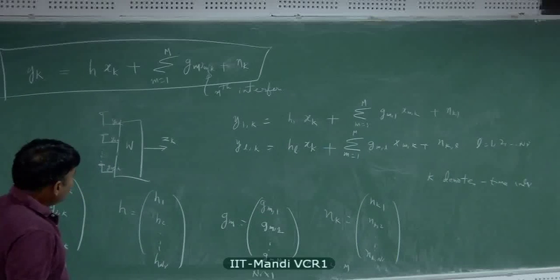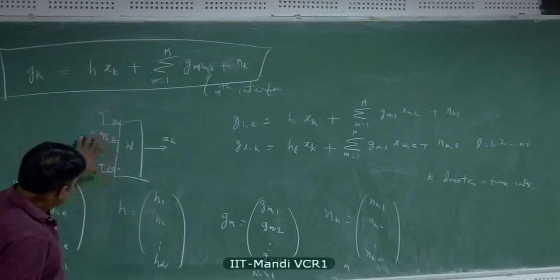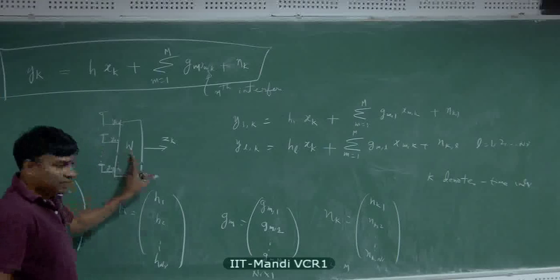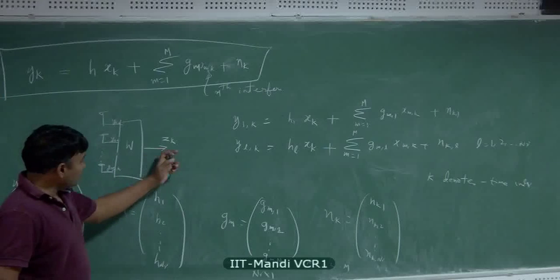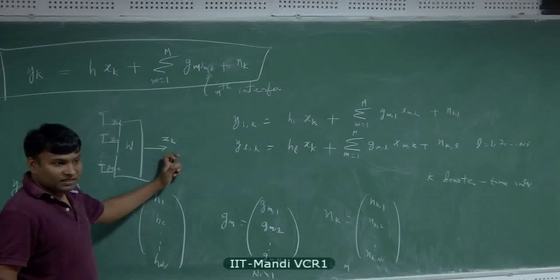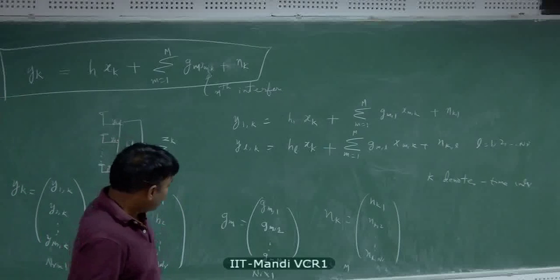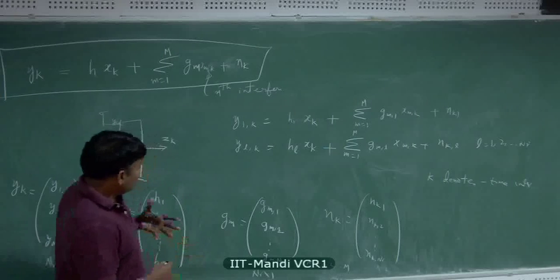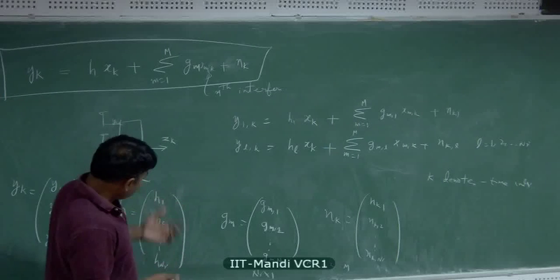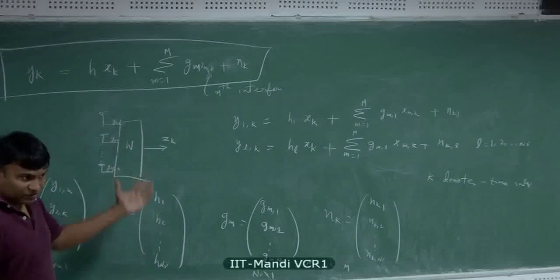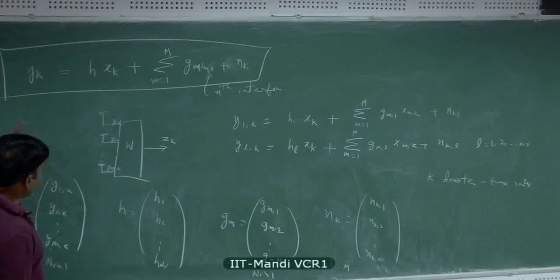I'll erase this and keep this picture, and we'll derive the expression for W, and an expression for the signal to noise ratio at the output of the detector. Then we'll derive the necessary conditions so that signal separation is feasible, and the relationship between M and NR.